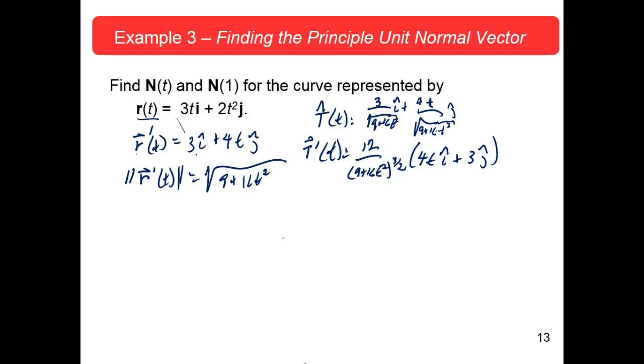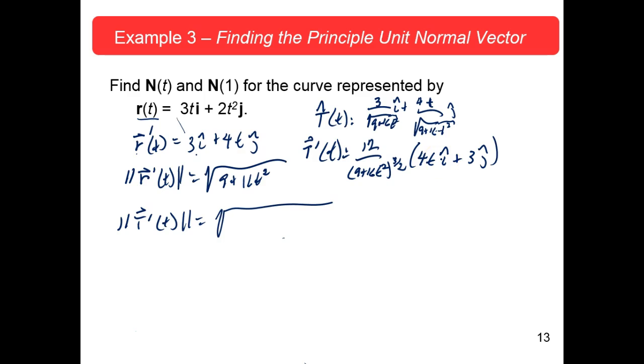So what we have to do now is do the magnitude of this, okay? Now this is all an expression right here. And the magnitude of the T prime of t is the square root of, and you would do this thing squared plus that thing squared.